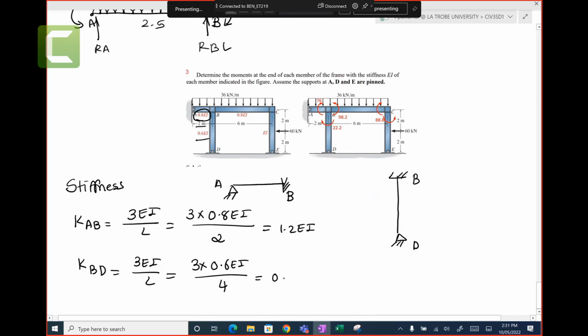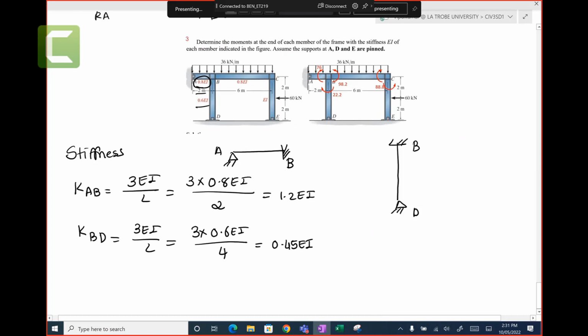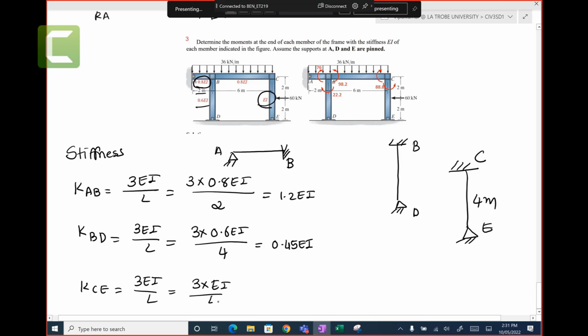So you get 0.45 EI. Stiffness of KCE. Now let's do the CE. C is fixed, 4 meters. E is pin. So 3EI over L. 3EI is EI. Length is 4. So you get 0.75 EI.